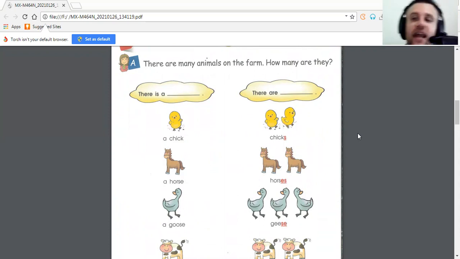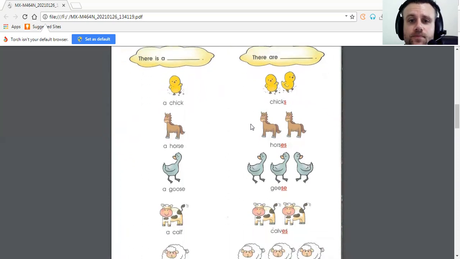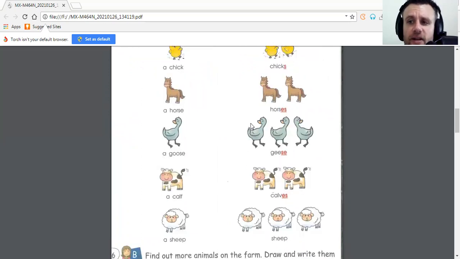On the left, you remember: there is a chick, there is a horse, there is a goose, there is a calf, there is a sheep.